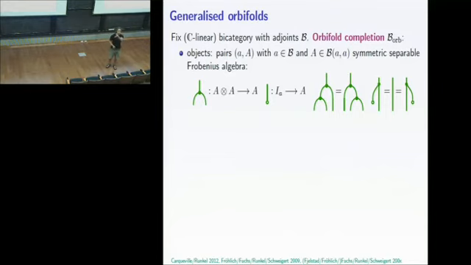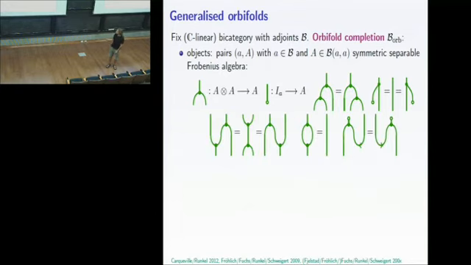If you rotate all these diagrams by 180 degrees, then this defines for you a coalgebra. So let's assume we have an algebra and a coalgebra. Then here's some more properties that this algebra and coalgebra can have. This property is called being Frobenius, this is called being separable, and this is called being symmetric.